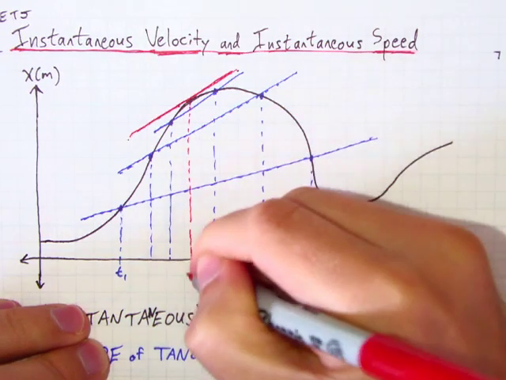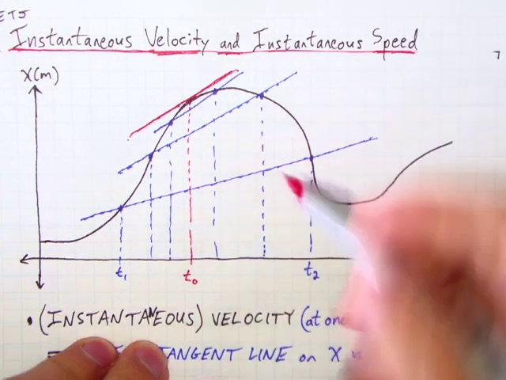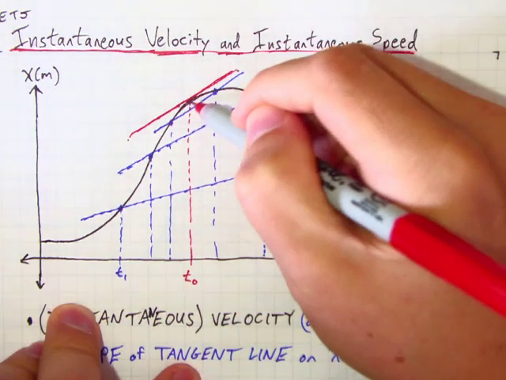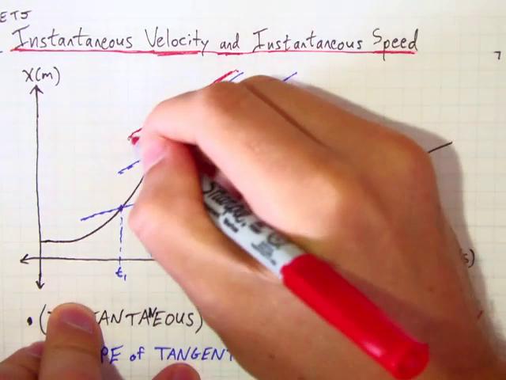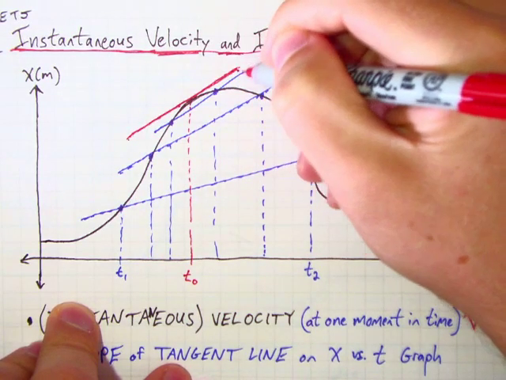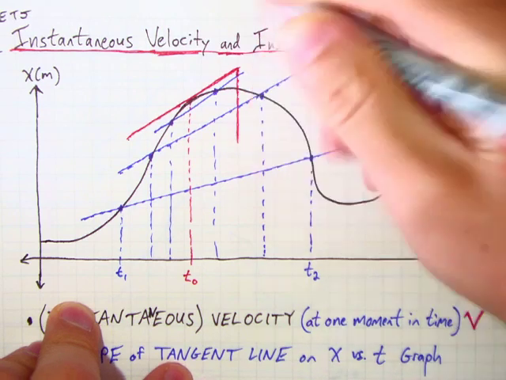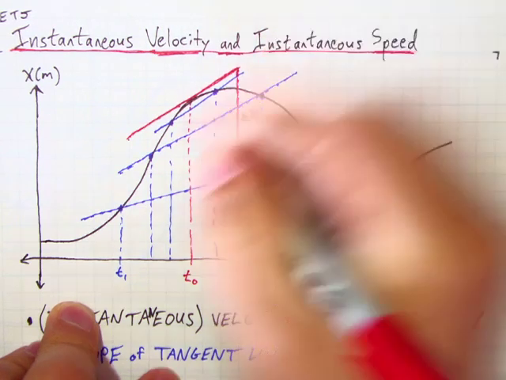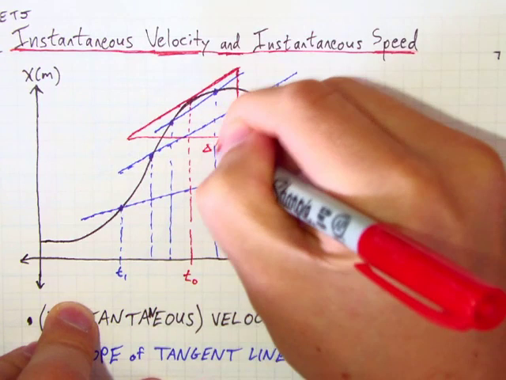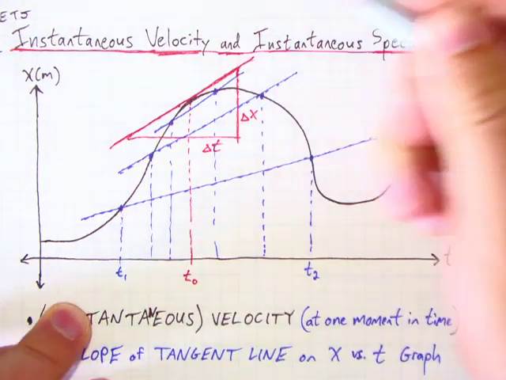We'll call this moment t naught. So at this one instant, we're not looking at the difference between 2 events now, but we're looking at one single event. This line that just touches the graph, the tangent line, we can measure its slope. There's the delta x, there's delta t, for my tangent line.